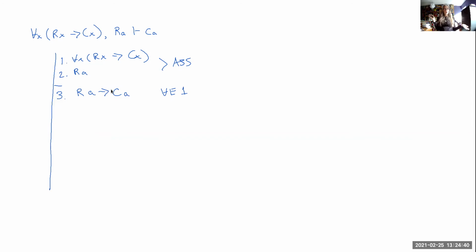There's no quantifiers, there's no identity. We just have an atomic sentence and a conditional that has that atomic sentence as its antecedent. So we can do good old conditional elimination, lines 2 and 3, and there you have it. I have proved CA, which is what I wanted to prove.